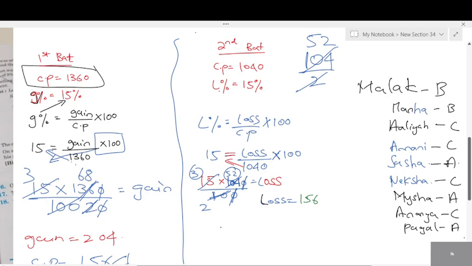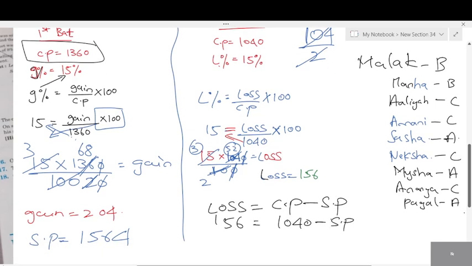We have loss and cost price. Tell me the formula. What is loss? Loss is equal to cost price minus selling price. What is loss value and cost price? How to find selling price here? It's on the right hand side.